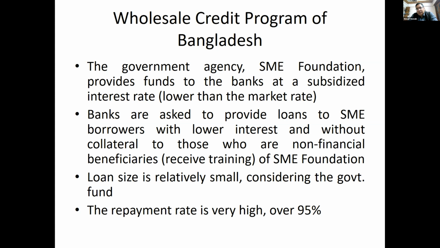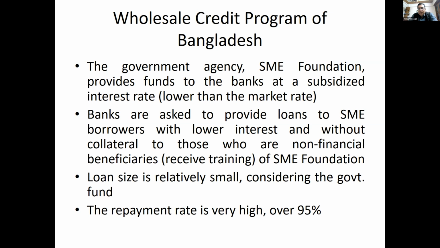This problem is minimized because the program is run in selected areas, clusters, and the cluster members, particularly SMEs, are beneficiaries of SME Foundation. Beneficiaries means they got training, and SME Foundation has a database of these firms in different clusters. So they tell banks that these firms can afford this credit without collateral and you will get paid back.